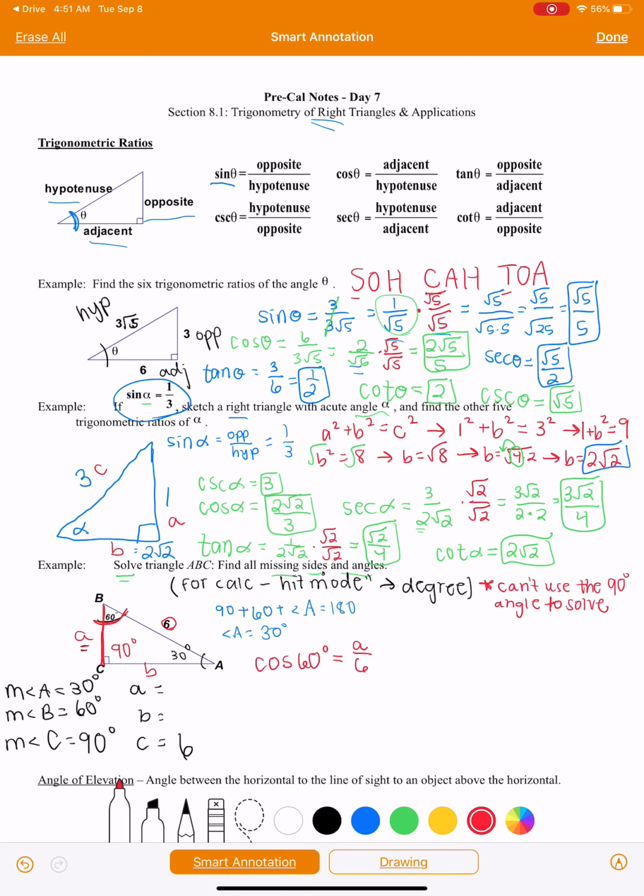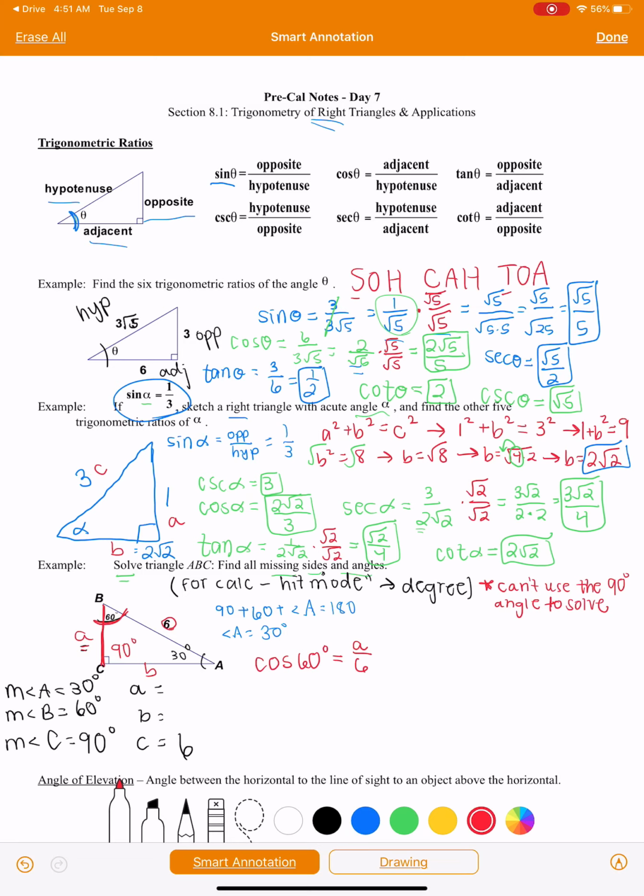All right, and so now when I want to solve for a, first off, I need to find what cosine of 60 degrees is. So specifically, guys, that is 1/2. Again, we will go over how we're going to be able to know that without even using a calculator at all. But if you do have a graphing calculator and you're in degree mode, press cosine 60 and you'll see it's 0.5. So the calculator can give it to us as well.